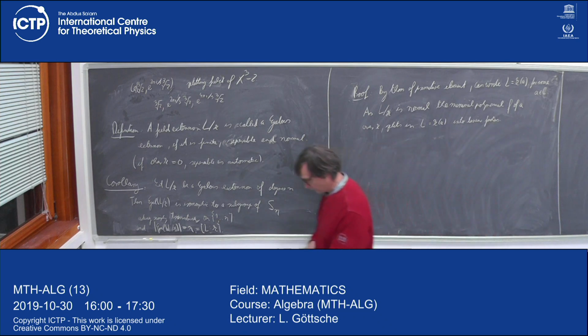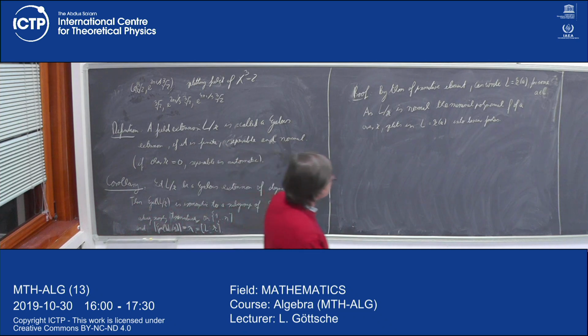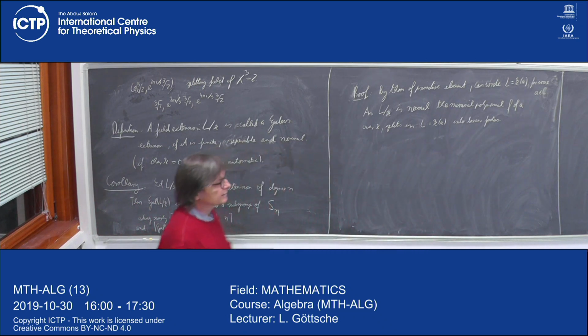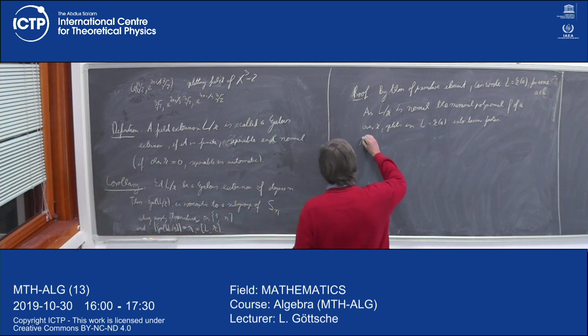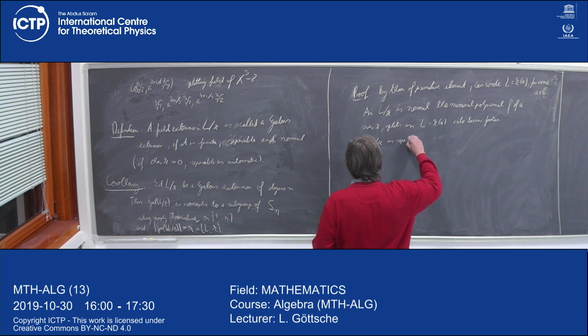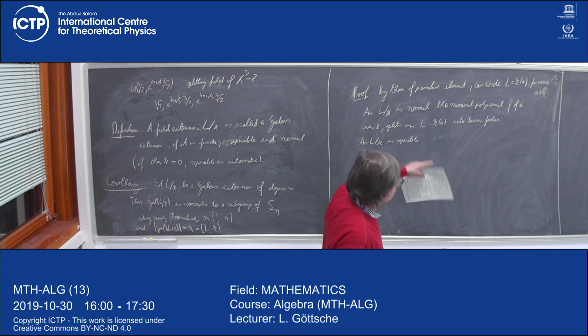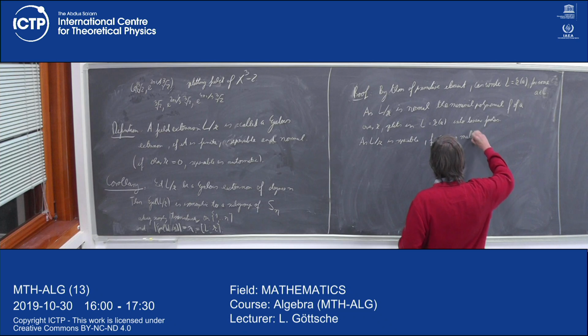Now we know that in a normal extension, if you have an irreducible polynomial with coefficients in the smaller field, which has a zero in the bigger field, then it splits into linear factors. So in particular, this applies to the minimal polynomial. And as L over K is separable, f has no multiple roots.